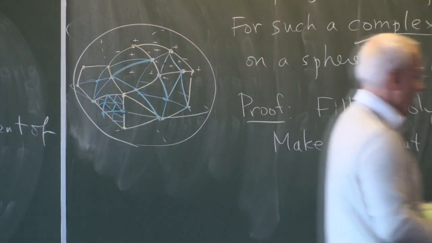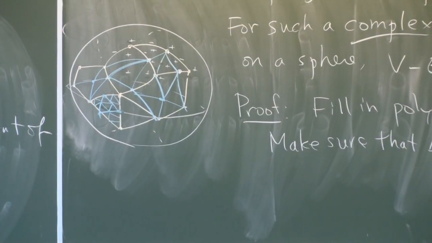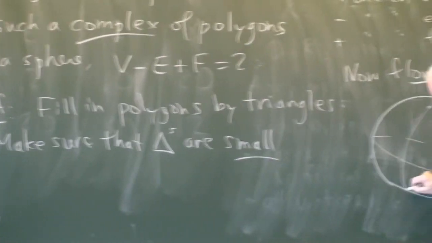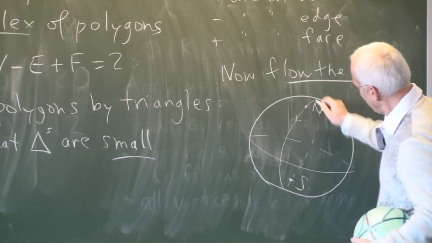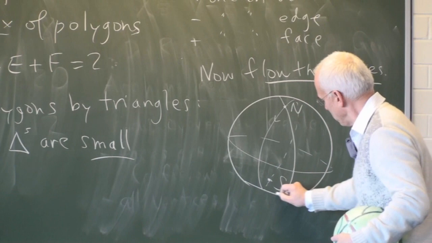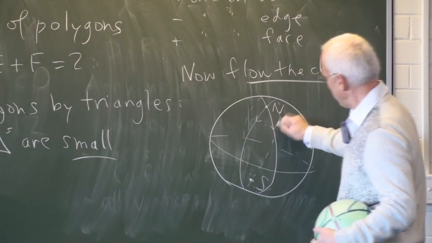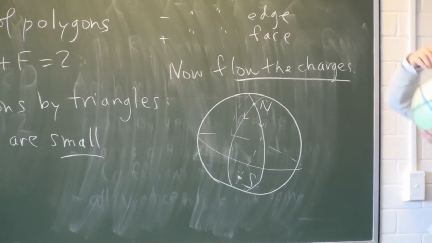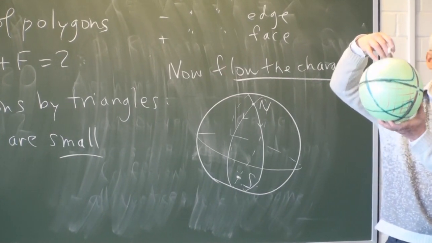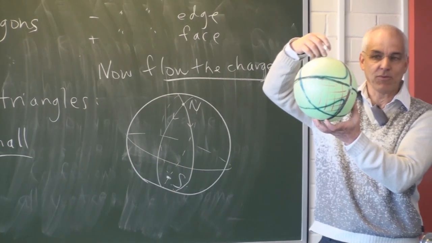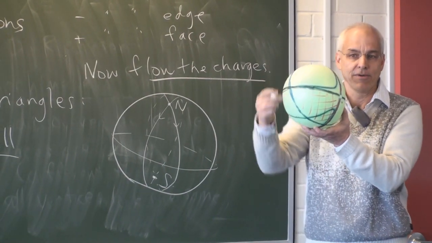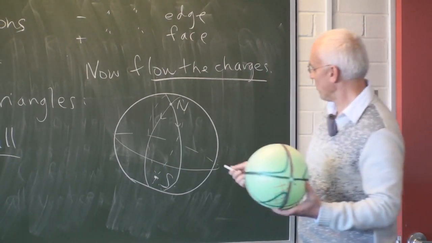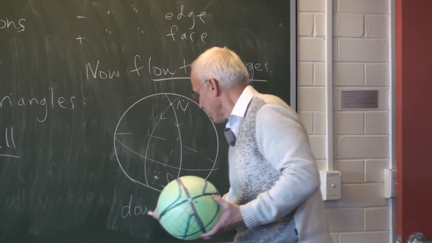So we've got all these lines of longitude that we can flow on. Basically we're going to use gravity. Imagine this thing is in space, and we're going to flow things downwards.